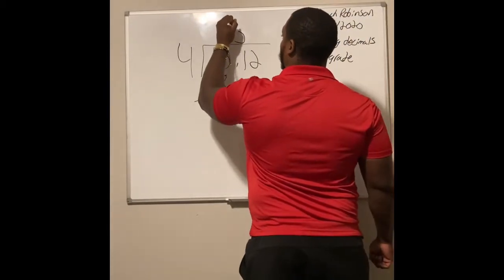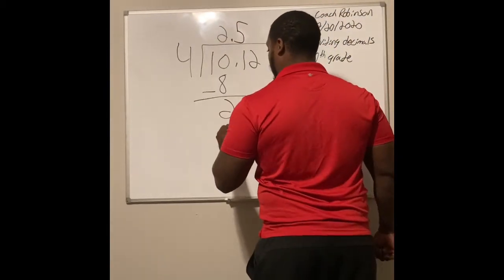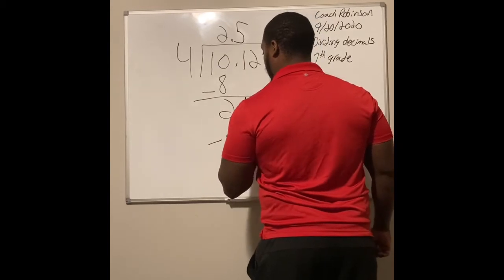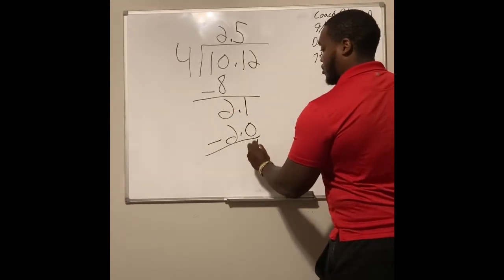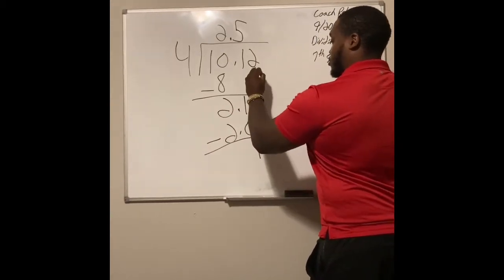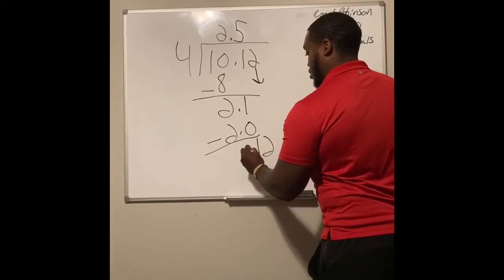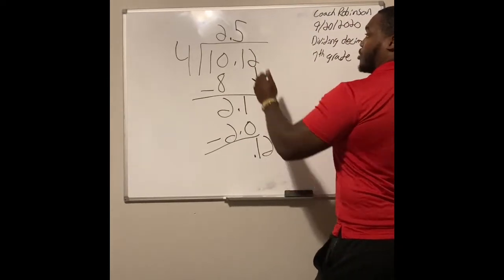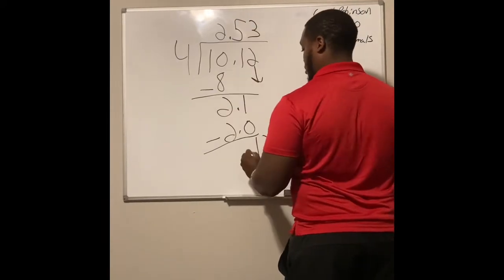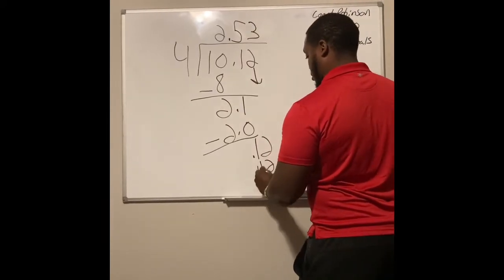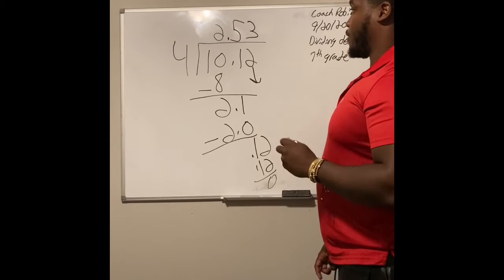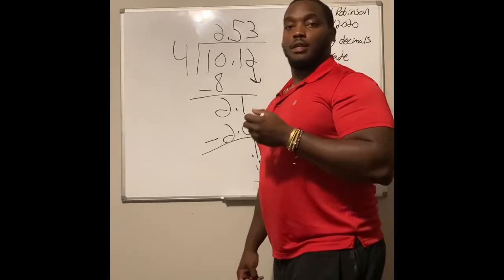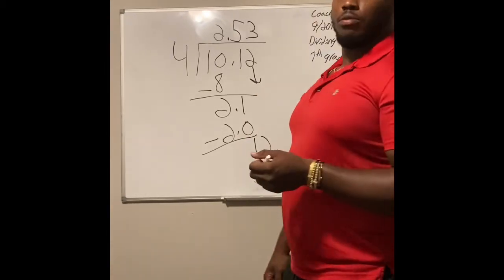So add our 5 up here, minus our 20, drop our 1. Then you want to drop your 2 from up here. 4 goes into 12 3 times. So 10.12 divided by 4 is 2.53.